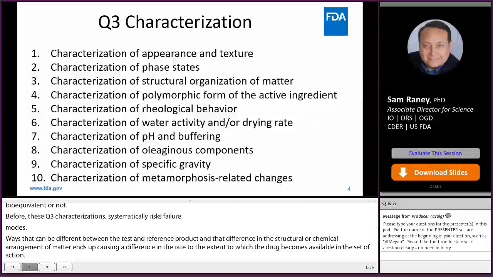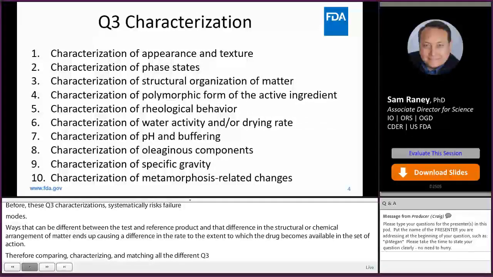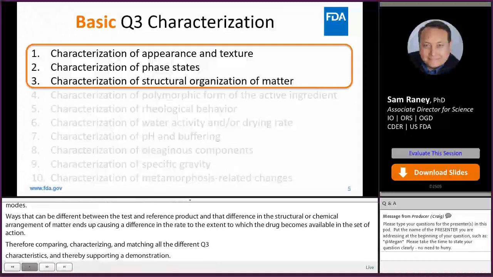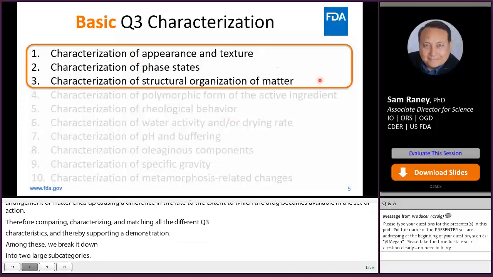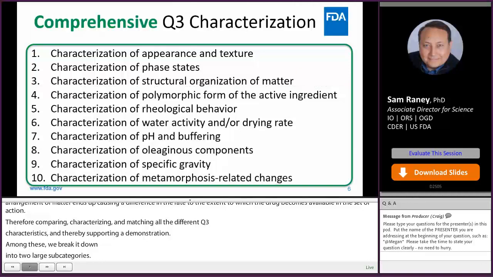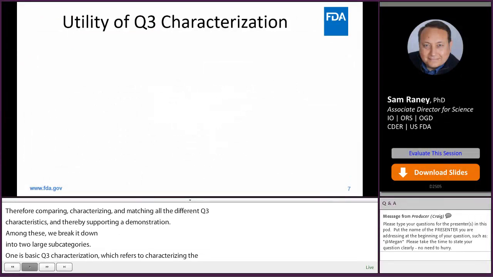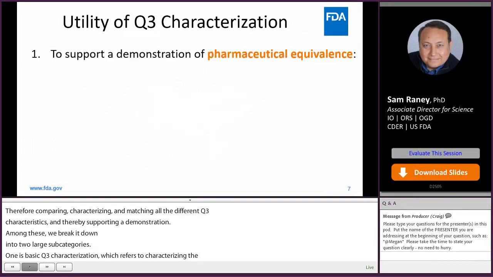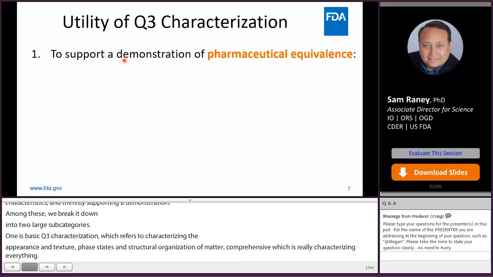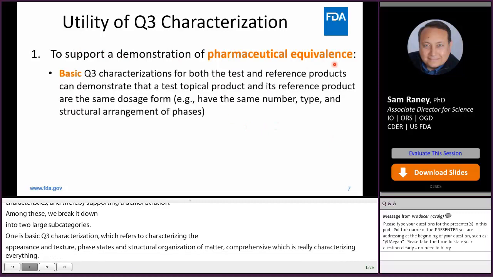And among these, we break it down into two large subcategories. One is basic Q3 characterization, which refers to characterizing the appearance, texture, phase states, and structural organization of matter, and comprehensive, which is really characterizing everything. It's useful to do this because when we think about what Q3 characterization is useful for, one is that it can support a demonstration of pharmaceutical equivalence.